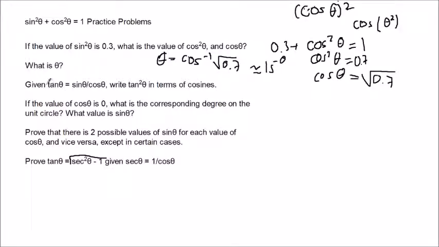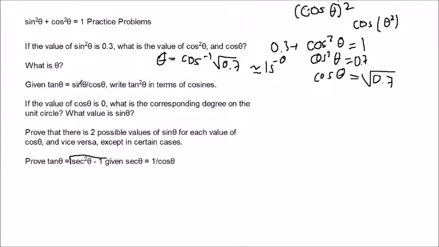So tan theta is equal to sine theta over cosine theta, which is true. I will tell you to prove this later. Now, write tan squared theta only in terms of cosines.